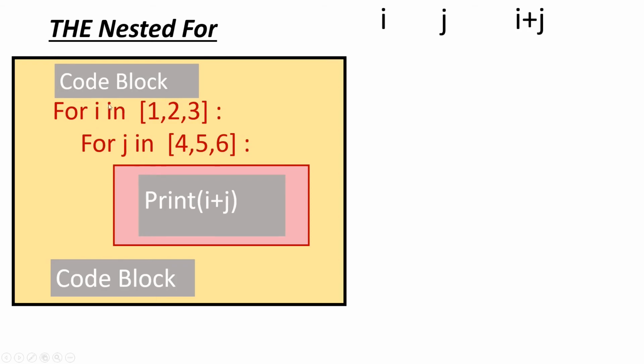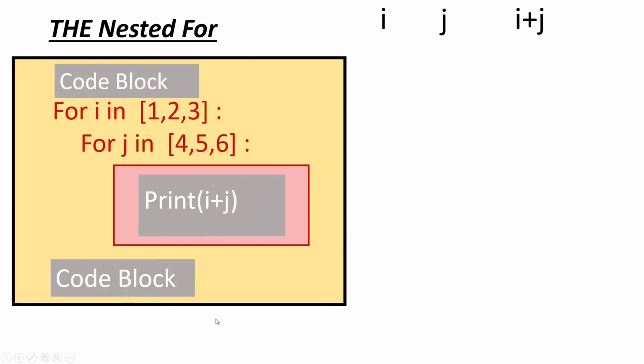Obviously the names should be different. The iteration variable here is i, and I have j for the next one. Your collection can be the same or different, that is your wish, and it can be anything. It's not necessary that if the first iteration is over a list, the second also should be a list. And then we have the code that has to be run for this loop of i and j, and lastly, after the for loop ends, we have the code block.